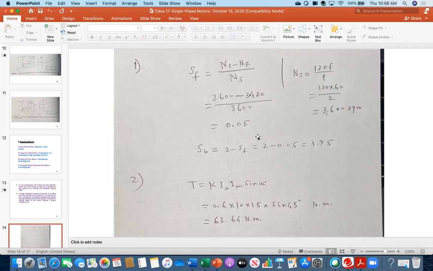Three-phase induction motor should be more complicated than the single phase, but the opposite is true.